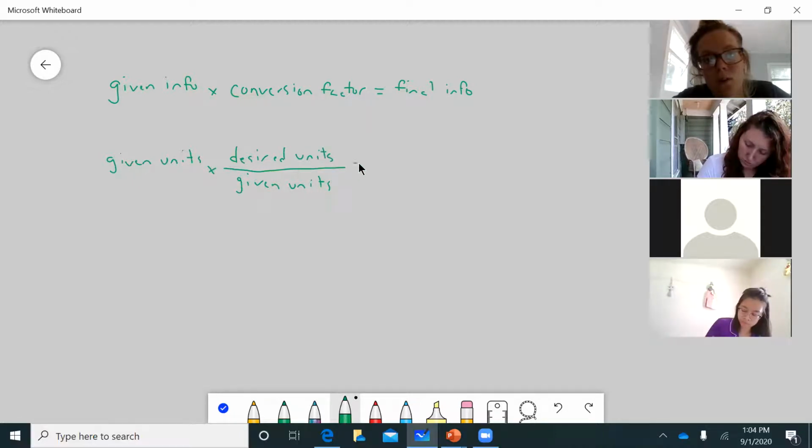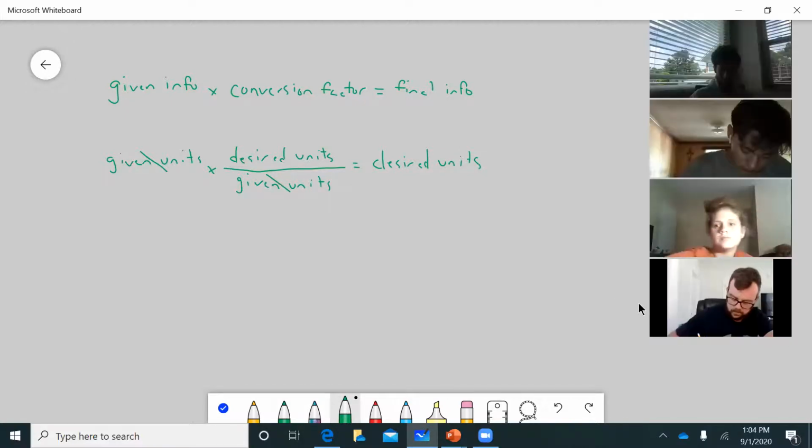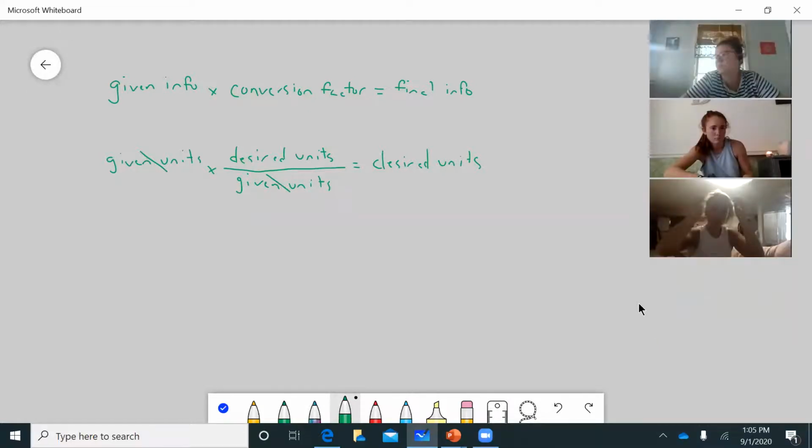And this whole thing, if we look here, given units is above the fraction bar here, and given units is below the fraction bar here. So given units will cancel and we're left with just our desired units. So this is sort of the skeletal structure for dimensional analysis. And again, dimensional analysis sounds scarier than it actually is. It's just converting.